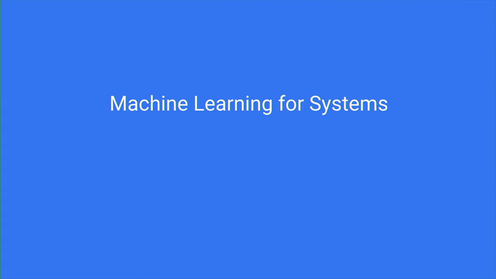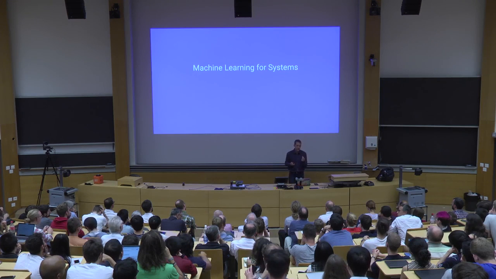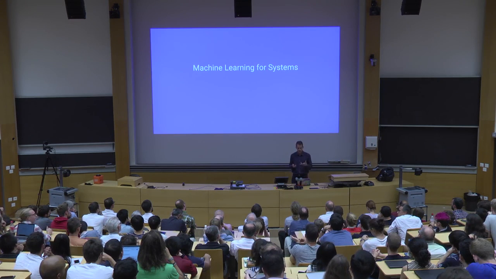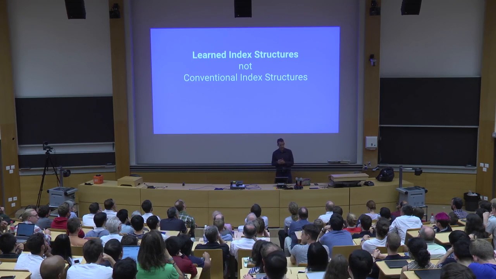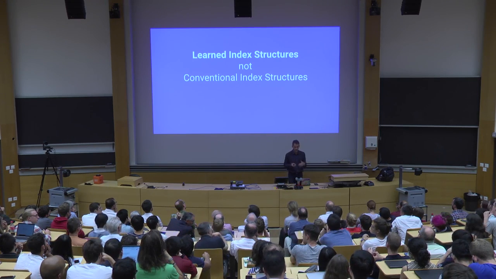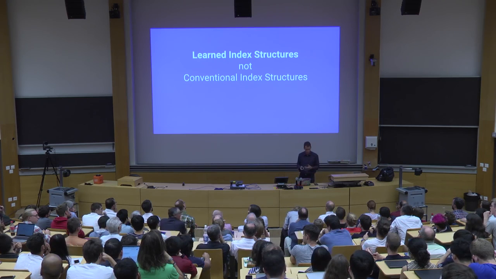Okay, another area I'll touch on is machine learning for systems. If you think about computer systems, very few of the core things in computer systems are learned. So let's touch on one piece, which is index data structures for things like databases or key value stores.